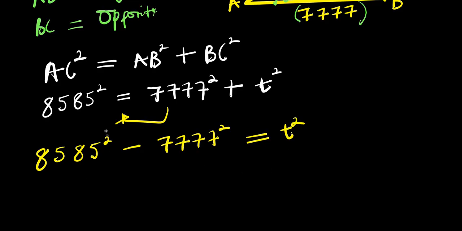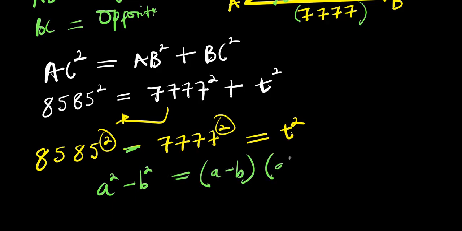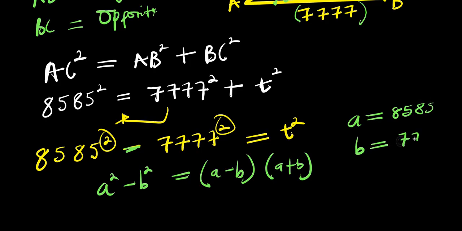So there's power 2 here, there's power 2 here, and we are going to make use of difference of two squares because there's minus here. You have A squared minus B squared, this equals A minus B times A plus B. And in this case, our A is 85, while B is 77.